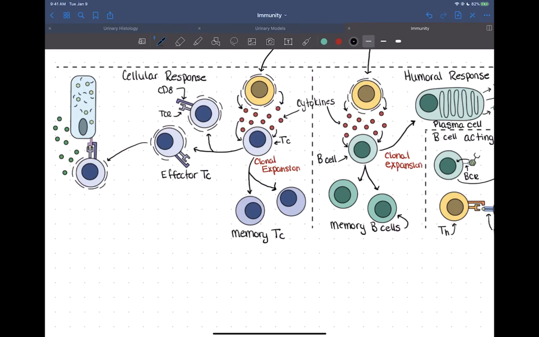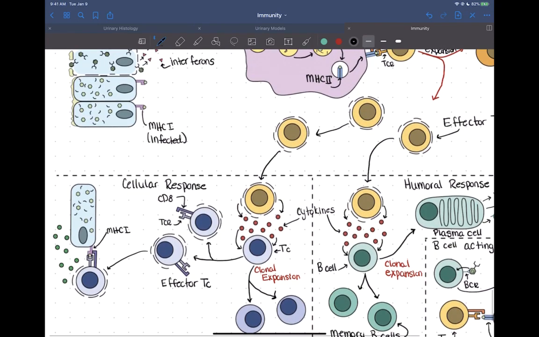Okay, and so when it does find it, that T cell receptor is going to bind to the antigen, which is being presented, remember, on an MHC1 protein, because this is, remember we said here, that protein that normally says, I'm a normal self cell, but now because the cell's infected, it's saying, help me, I'm an infected cell.